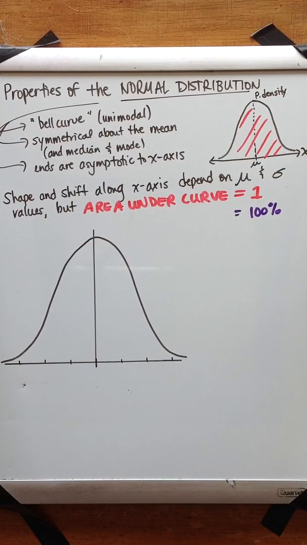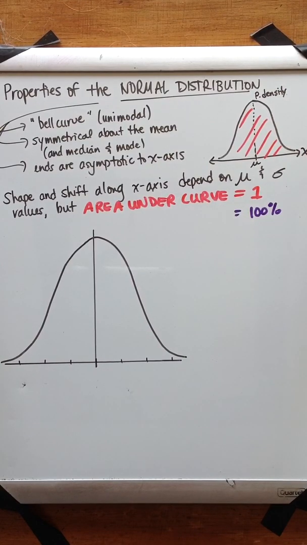Or we can also talk about it in terms of percentages, which I'll address as well. I've posted in the lesson plans a quick little link to Desmos that you can go to see exactly how the values of mu and standard deviation will affect the shape of that curve. But again, remember that the area under that curve is always equal to 1.